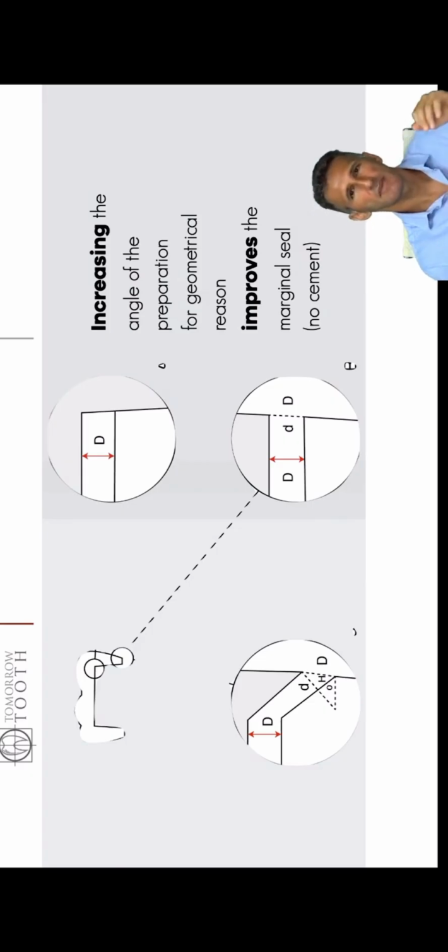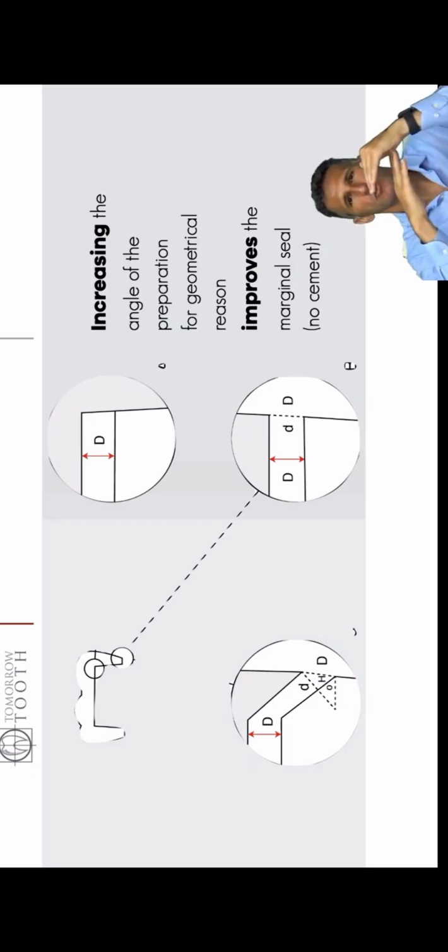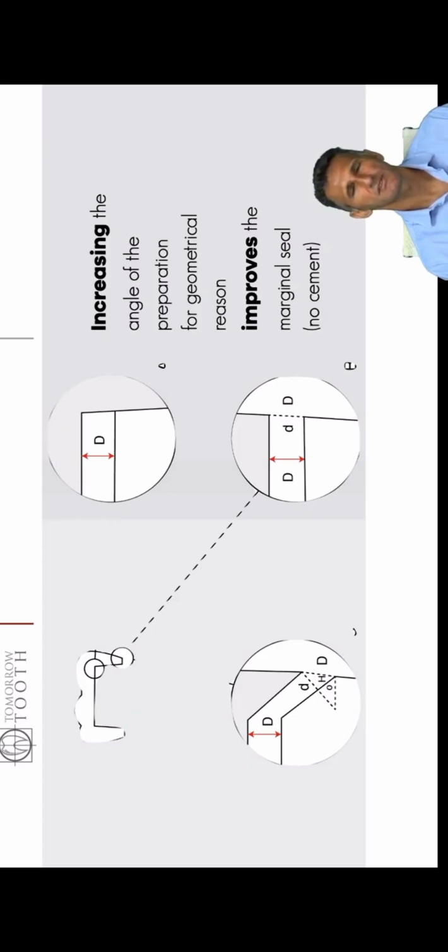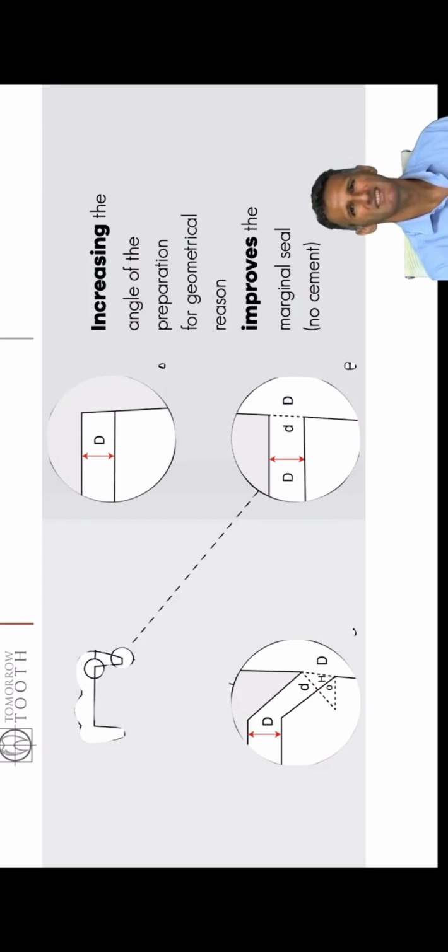But look at the image on your left, lower left, when you start to move from this kind of preparation, you start to do something like this, you see that the second D, the small one, is less than the first D. It's a mathematical function of the first dimension. I will do some slides about this, to visualize this point. So increasing the angle of the preparation, for geometrical reasons, improves the marginal seal, without cement at this point.